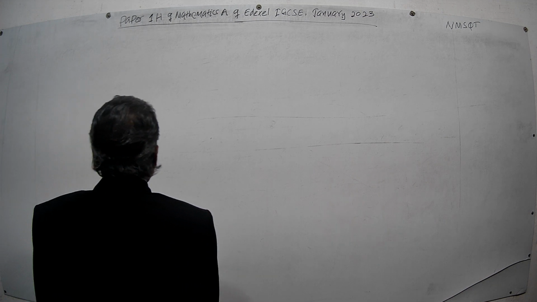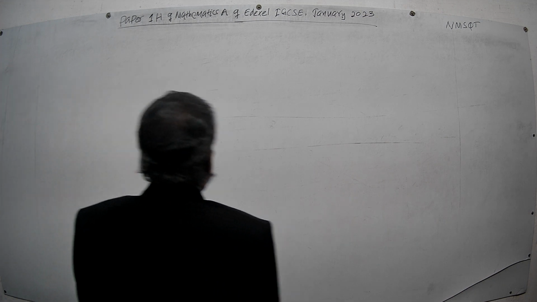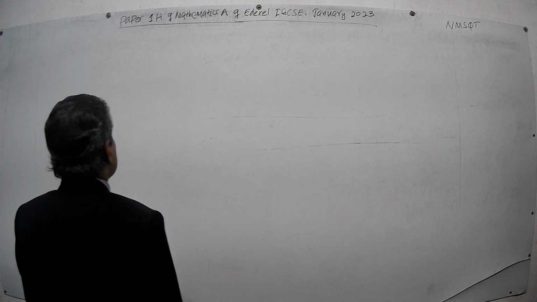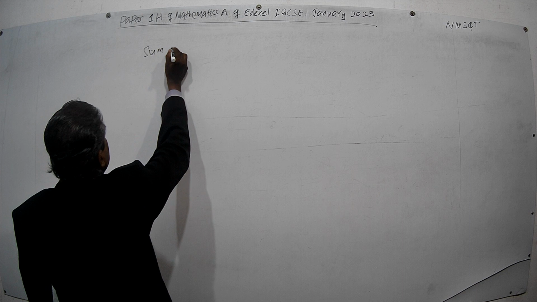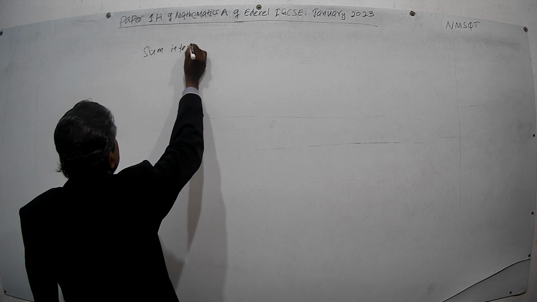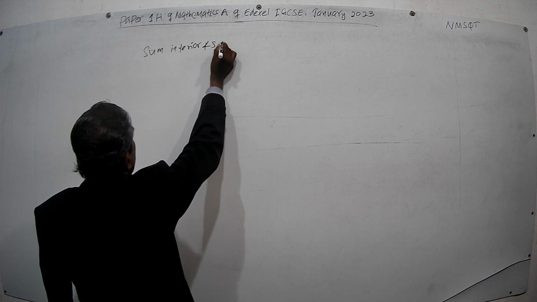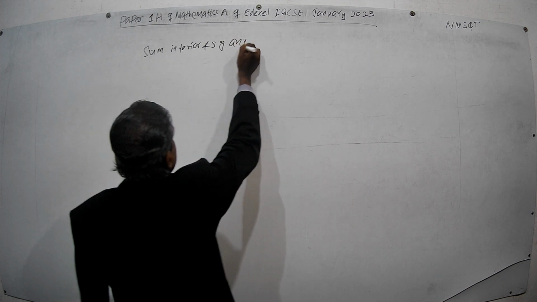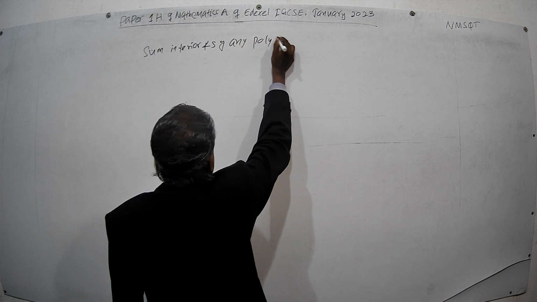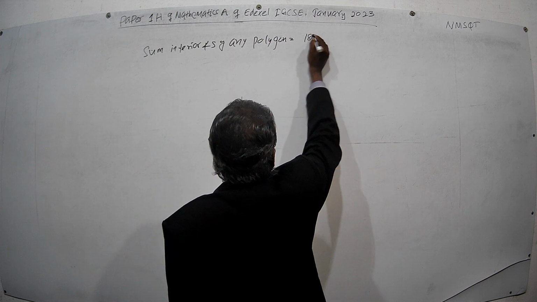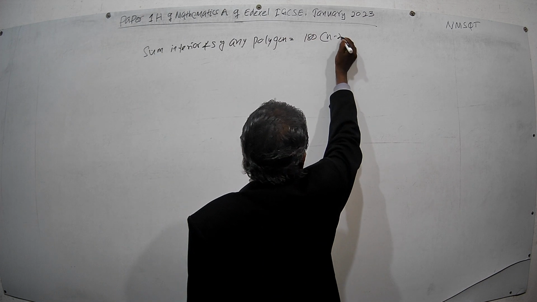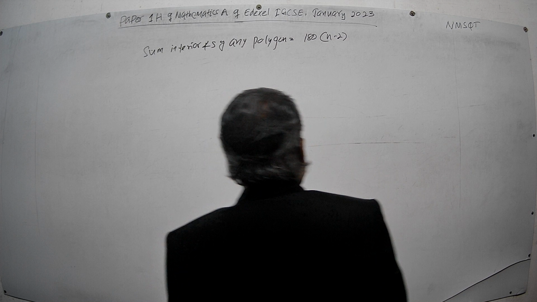These are all interior angles. Therefore, we write the formula for finding the sum of interior angles of any polygon. Whatever it is, it will be 180 times n minus 2. n is the number of sides.